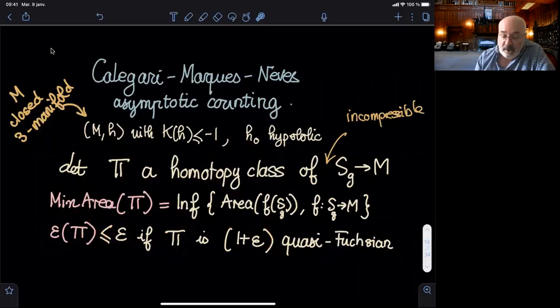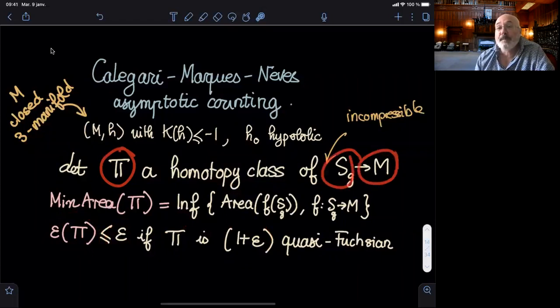Right, so this homotopy class of a surface into M is the same thing as a conjugacy class of mapping of the pi1 of the surface into the pi1 of M. So it does make sense to say that the homotopy class is quasi-Fuchsian or not.